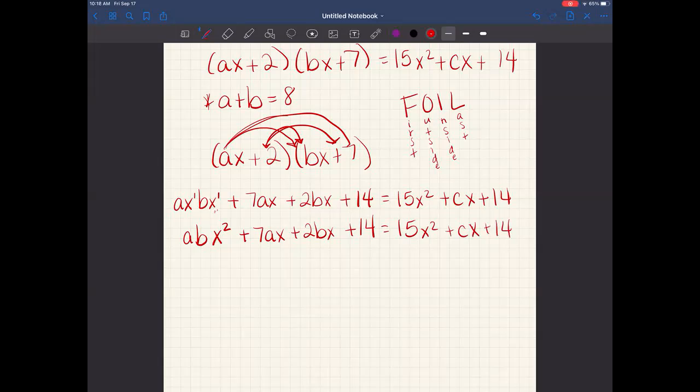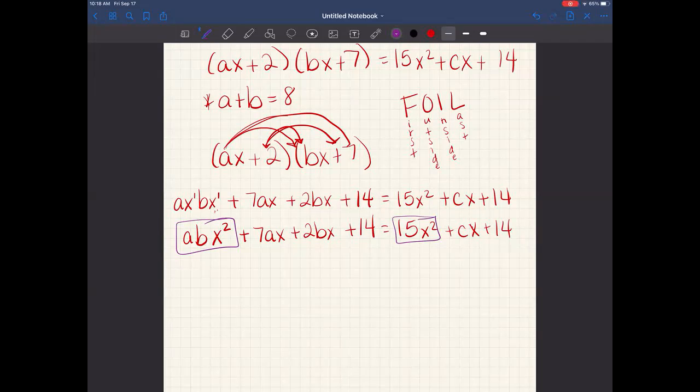Now, this is where we're going to get interesting, right? So we have the x squared and the x squared. Whatever my a, b values are, they're going to equal 15.